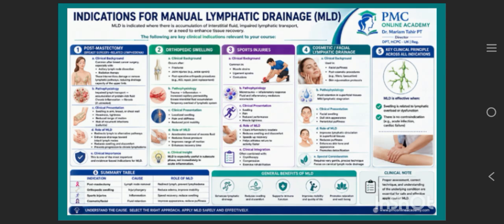Now we will discuss the pathophysiology, okay. Firstly, impaired lymph transport causes accumulation of protein rich fluid, okay. Secondly, chronic inflammation causes fibrosis if untreated, okay.